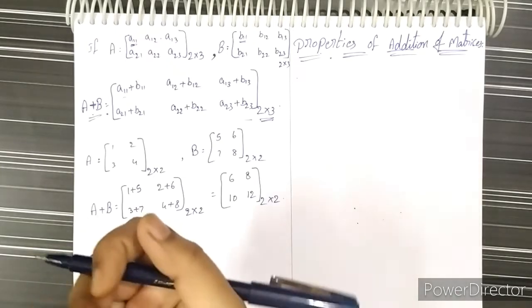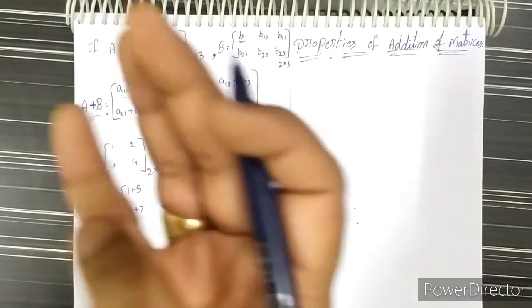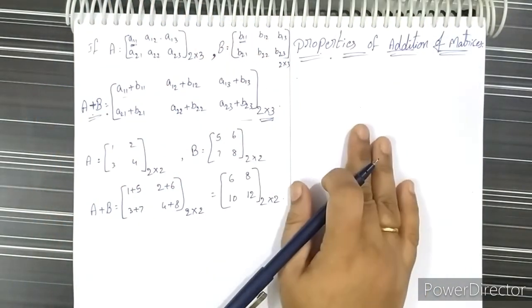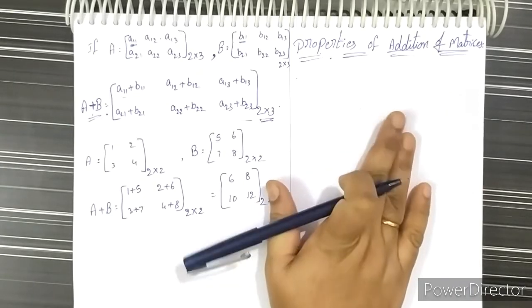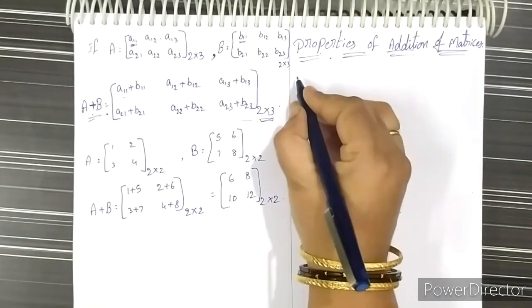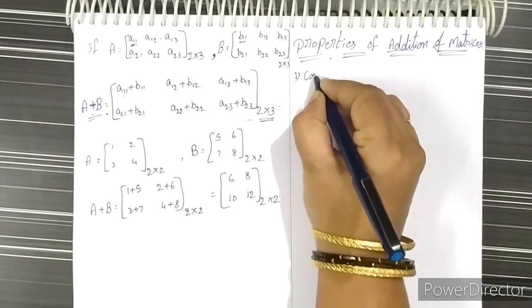Properties means, we know the addition properties are, we have the 4 properties that are commutative property, associative property, identity property, and also inverse property. The properties are, first one is commutative property.